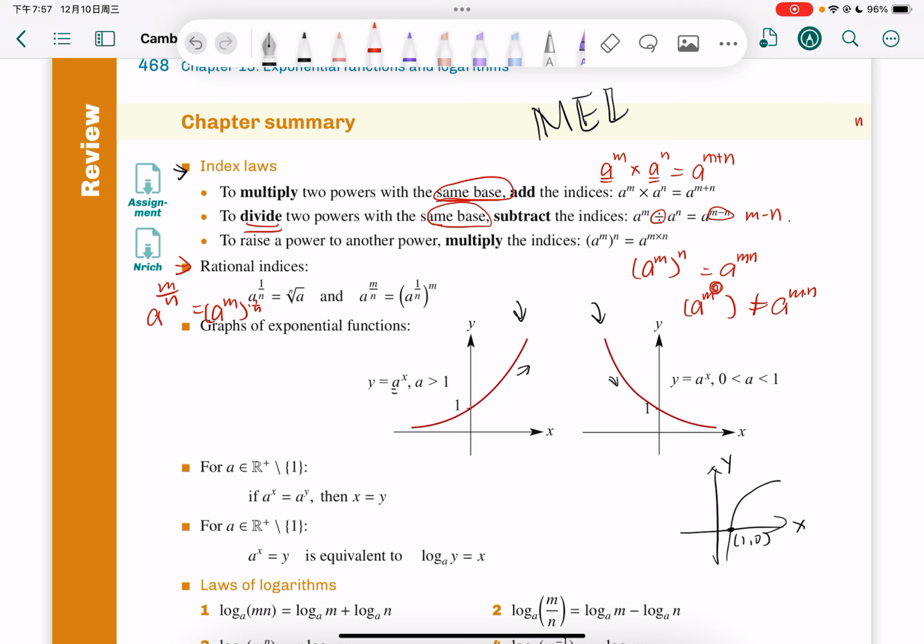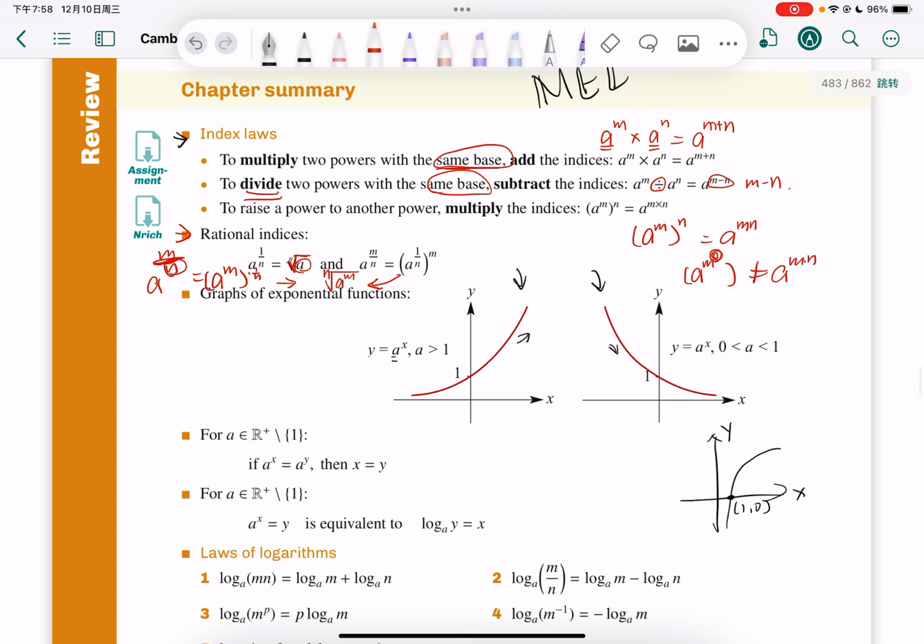And a to the power of 1 on n, the denominator n in this line over here, corresponds to the root. So if you have the denominator n, then it becomes the nth root of the same base a. This gives us a to the power m with root n, equivalent to this one.